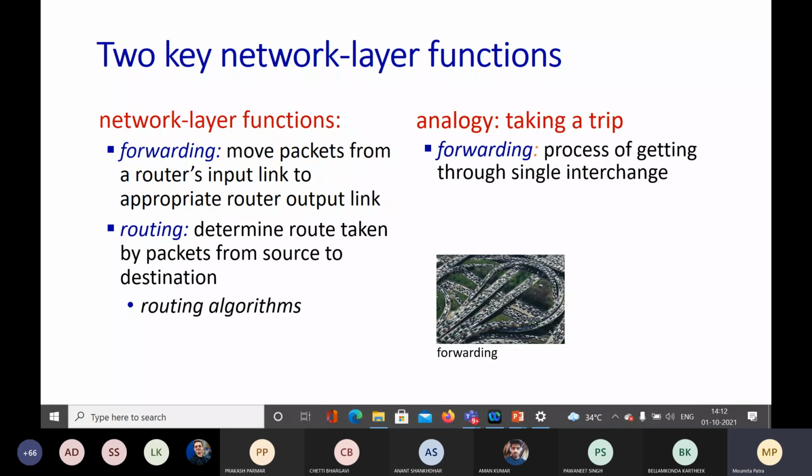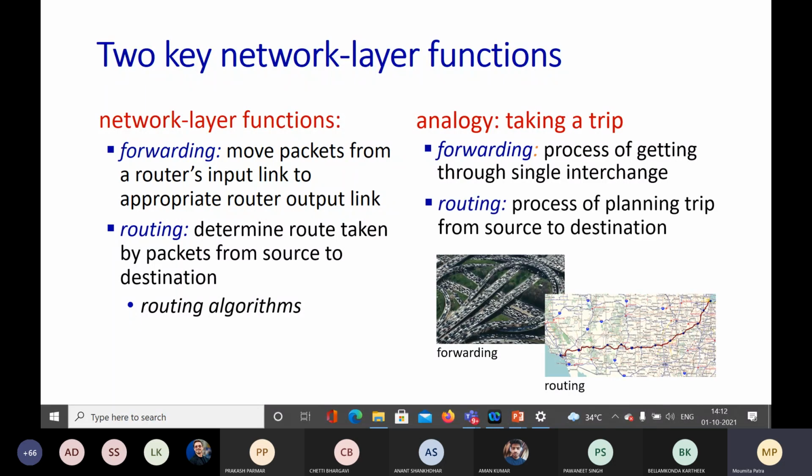All right. So, this is a simple analogy. I think you already have that information with you, but anyway, I'll just repeat here that forwarding means the router is just going to tell which output port the packet has to move towards.